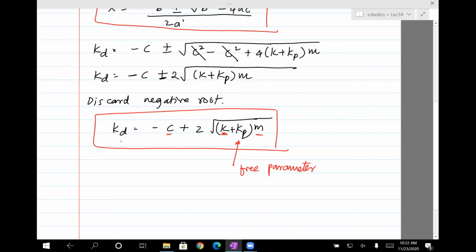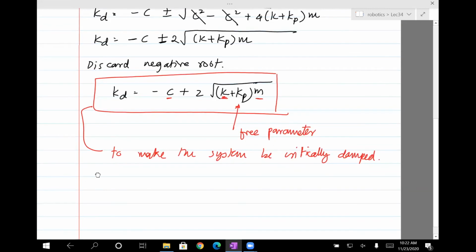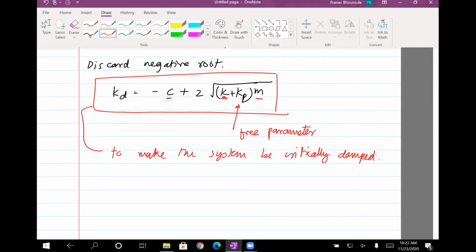And so if you use this formula, you should be able to make the system critically damped. Okay, so what I'm going to do is illustrate this with a Matlab example.